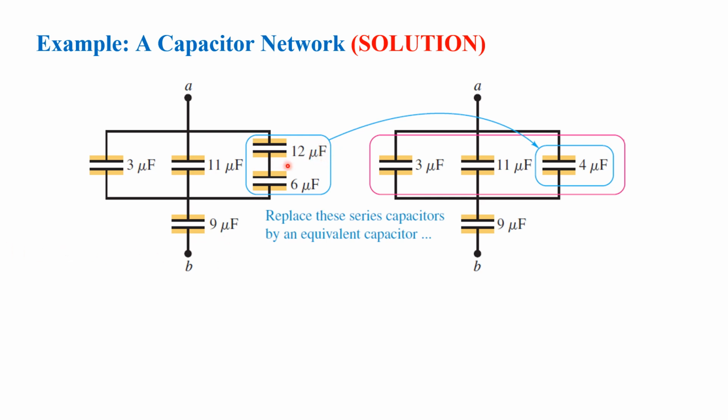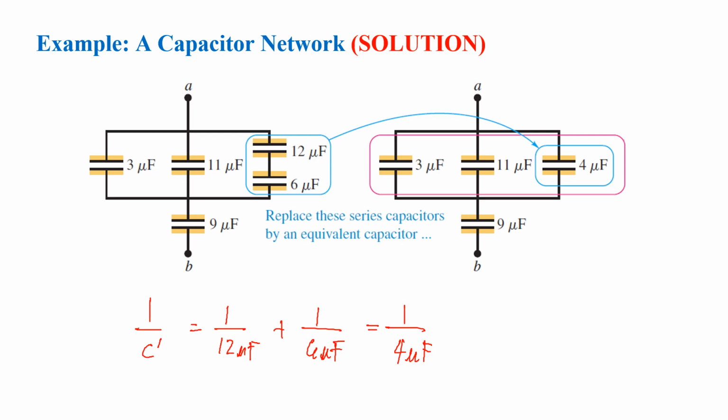Your 12 microfarad and your 6 microfarad capacitors are in series. To find the equivalent capacitance, we have 1 over C prime. Let's just use C prime for the moment because this is not yet the final equivalent capacitance. 1 over C prime is equal to 1 over 12 microfarads plus 1 over 6 microfarads, which is equal to 1 over 4 microfarads.